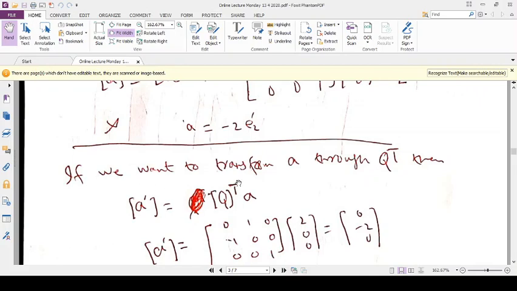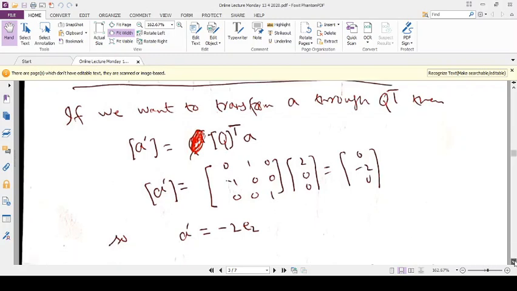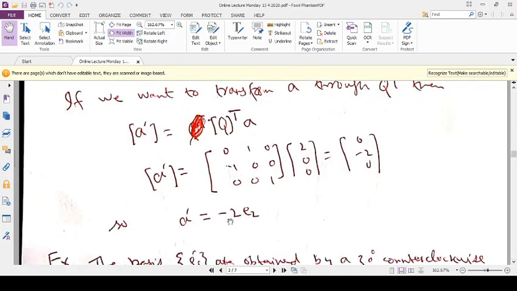Now if you want to transform A through Q transpose, then it would be Q transpose of Q A, which gives 0 minus 2 0, and A dash equals minus 2 E2.